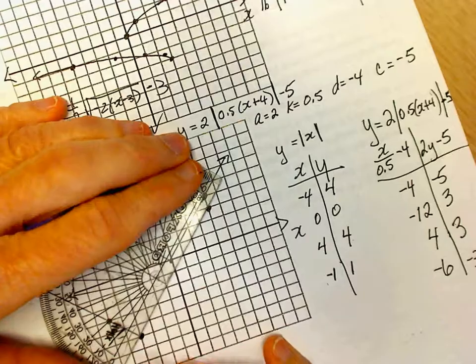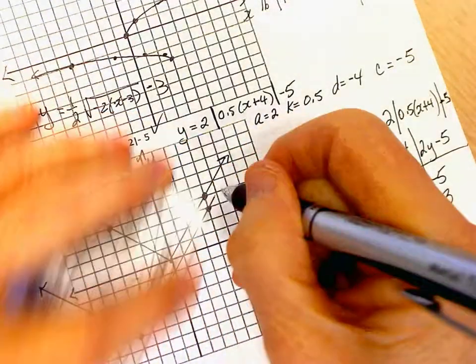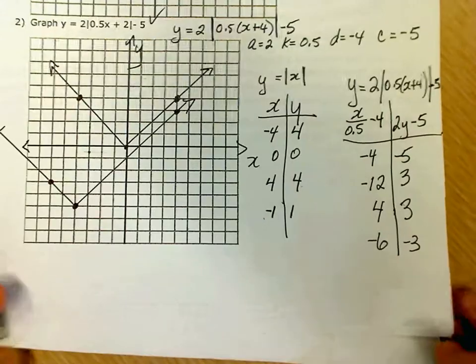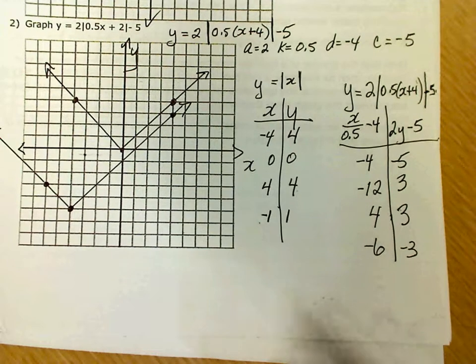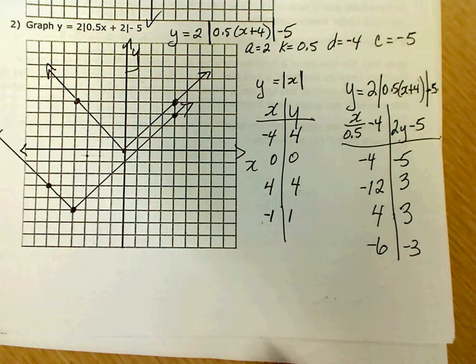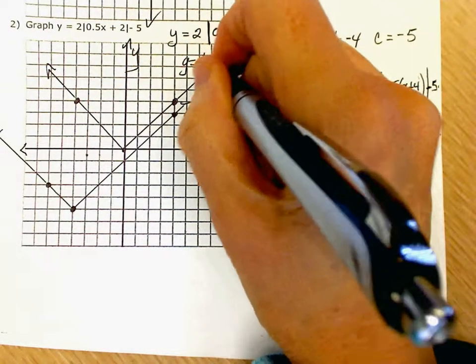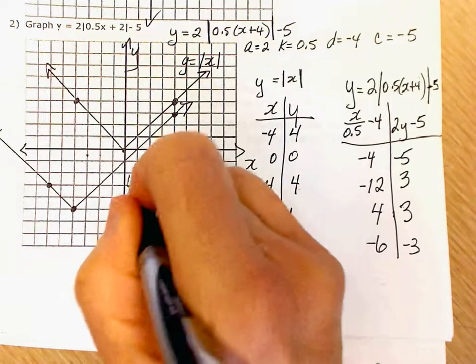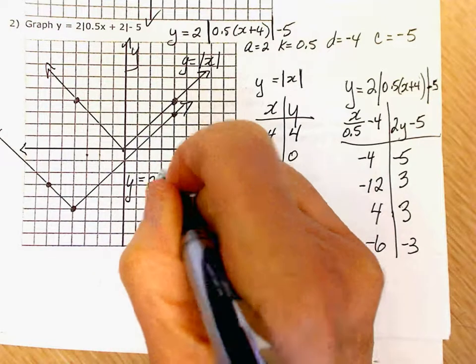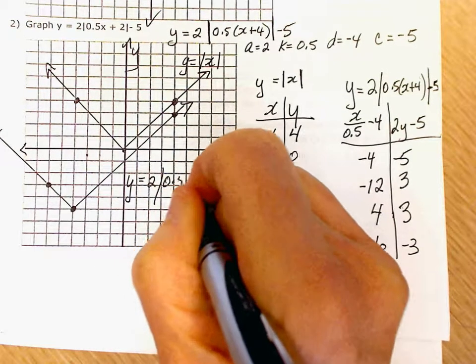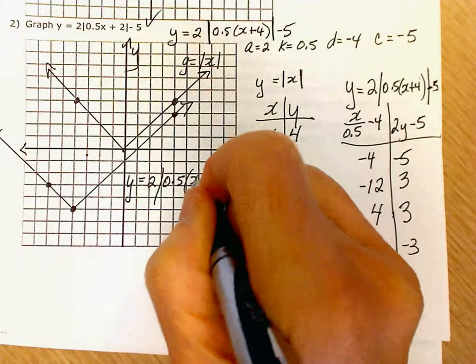So there is our transformed function using mapping notation, and let's label this: y equals absolute value of x, and this is y equals 2 times the absolute value of 0.5 times x plus 4, minus 5.